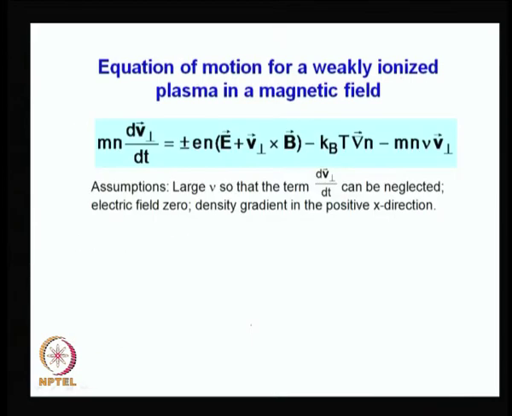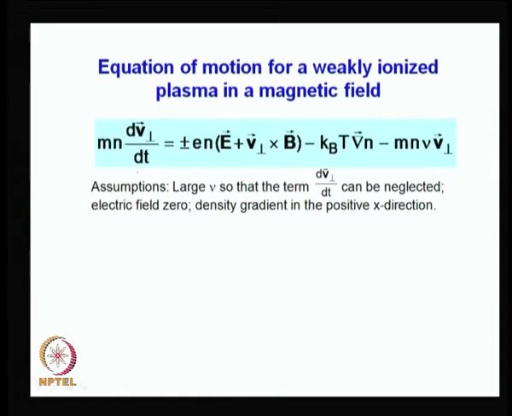Once again we solve it under certain assumptions, the way we did for unmagnetized plasmas. We take the collision frequency to be large, so that in comparison to this term, the term dV perp upon dt can be neglected.